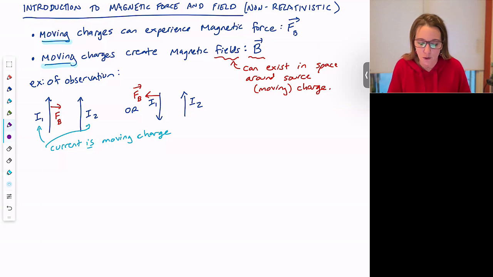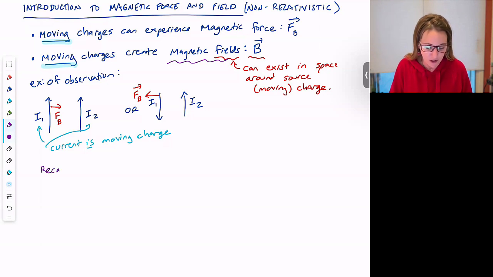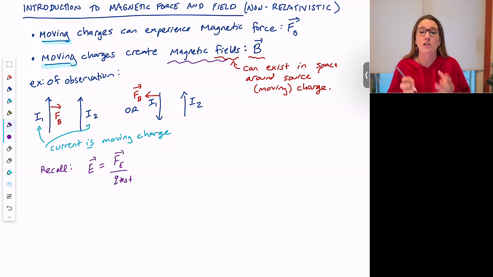So what we can do then is actually start by talking about this magnetic field. So recall that we had that the electric field was defined by saying that we took the electric force and then we divided out the thing that it depended on, the charge dependence that the force was depending on.